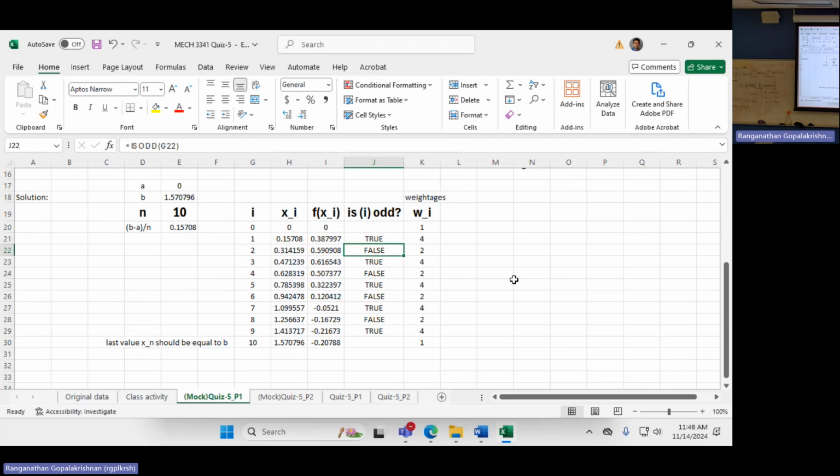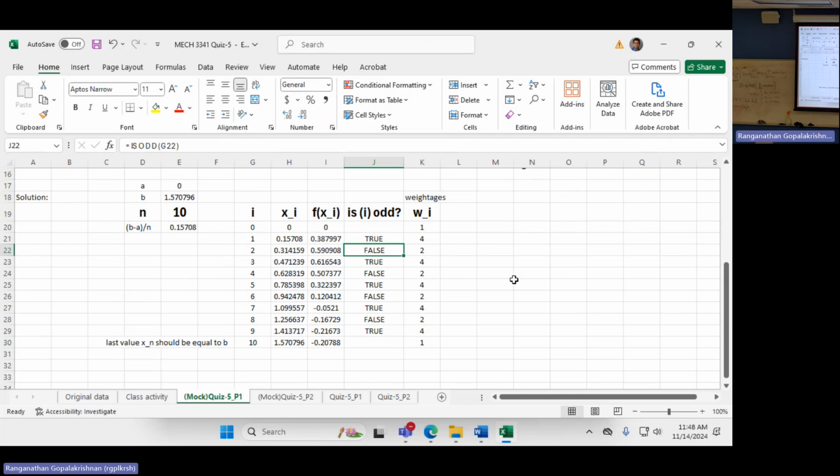The second line is equal to whatever x naught is, plus i times the step. Just put the dollar sign on it, freeze it. The function is exponential of minus x, plus i is this column here, A21, times this one.